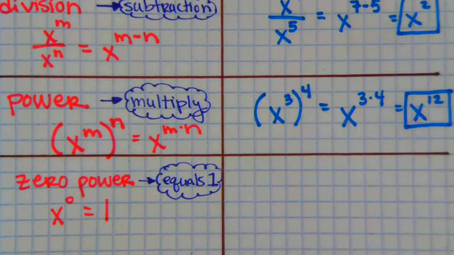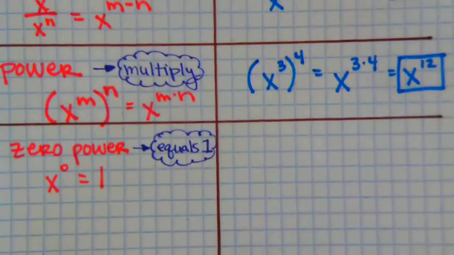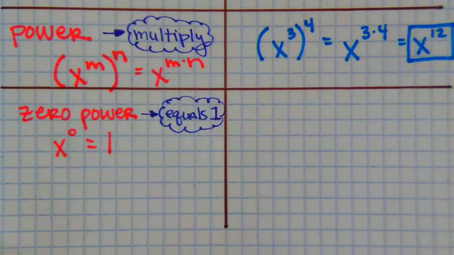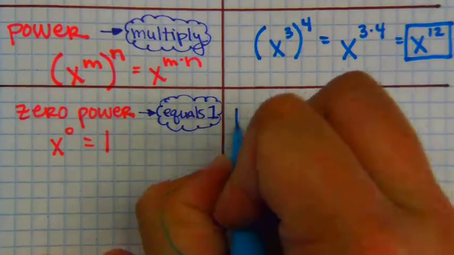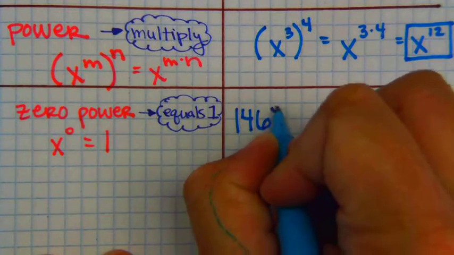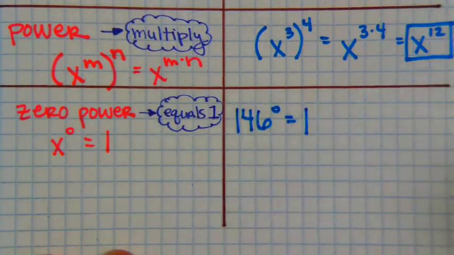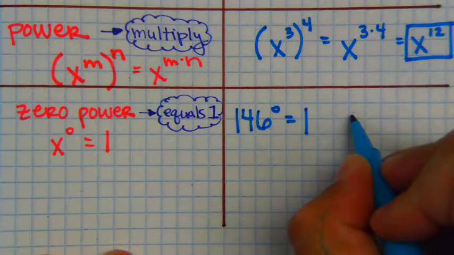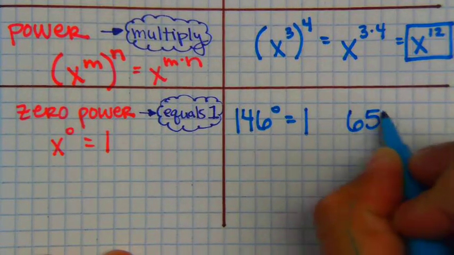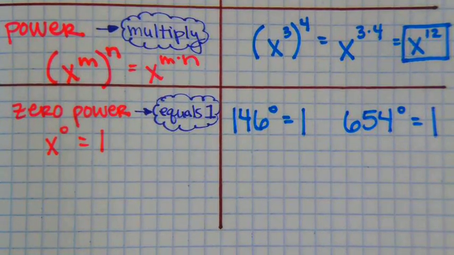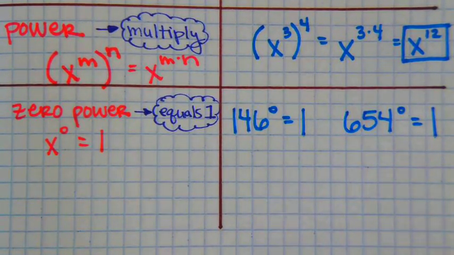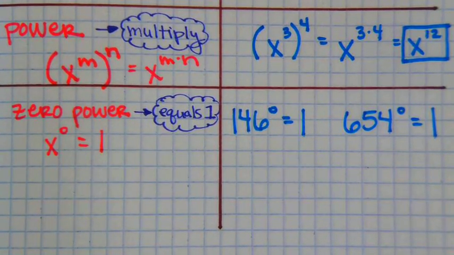So that would just be x to the 0 equals 1. Or 146 to the 0 equals 1. Or 654 to the 0 equals 1. You could put any number there to the 0 and it equals 1. You could put any letter there to the 0 equals 1. Okay?